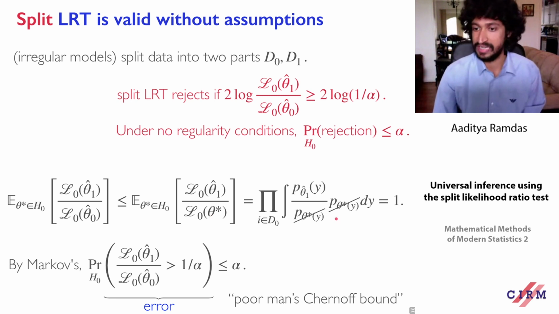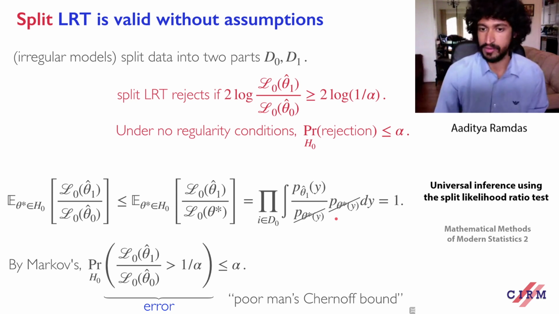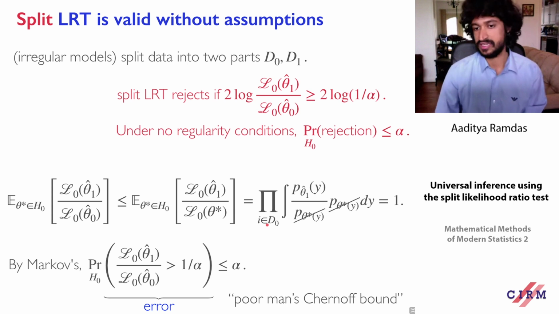Then we just literally expand out what this expectation is. It's over only the data set 0, so that's why this product over only the indices in D0 is there. And then it's easy to see that this just equals 1. So what we have is that this likelihood ratio statistic has expectation bounded by 1.